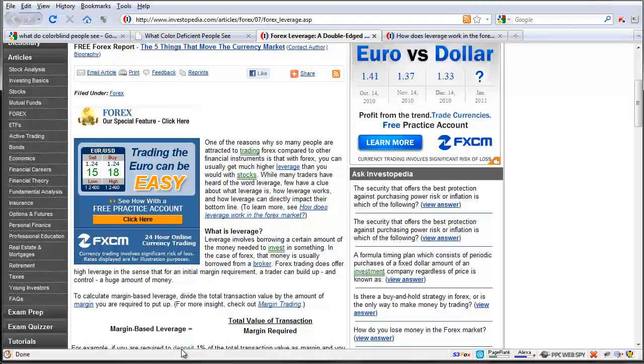And the reason why you're borrowing money is because the figures that you look at on a currency pair work out to be smaller than penny stocks. So you would need to put a considerable amount of money into the platform to get a nice healthy return back.